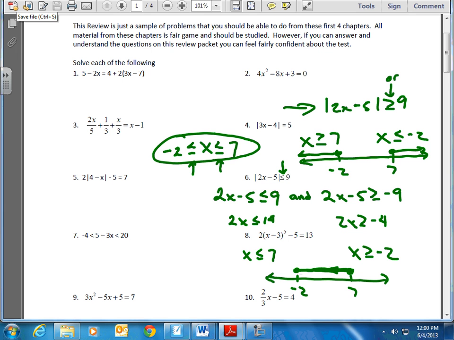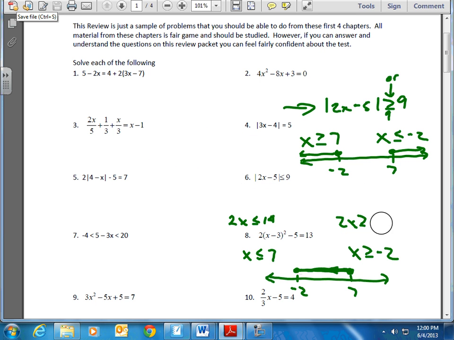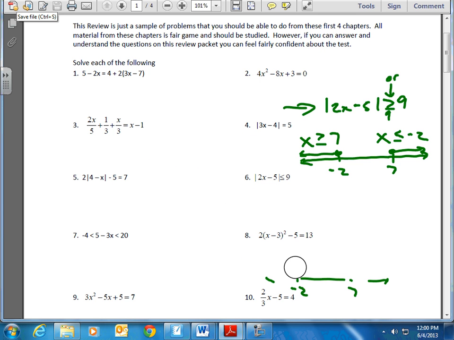It has to be an or, because it cannot be greater than 7 and at the same time less than a negative 2. Not possible. It has to be an or, else it has to be no solution. So if it looks like this, it is an or statement. If it looks like this at the beginning, it is an and statement. Okay? You do need the and and the or because they do mean different things. So make sure you put that in there.